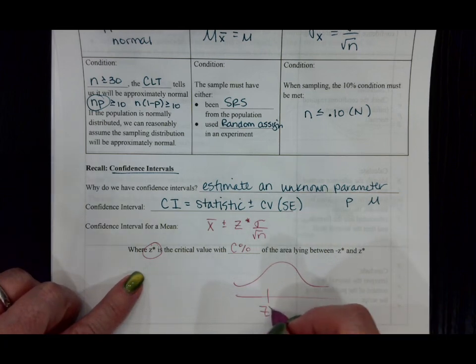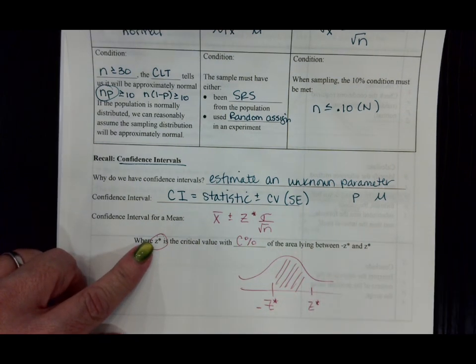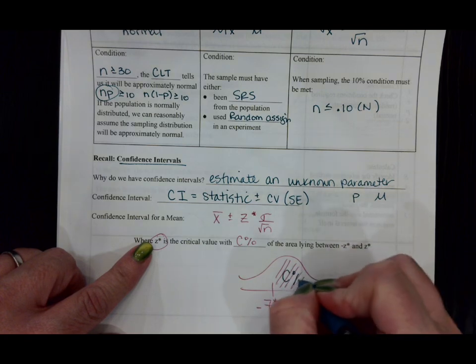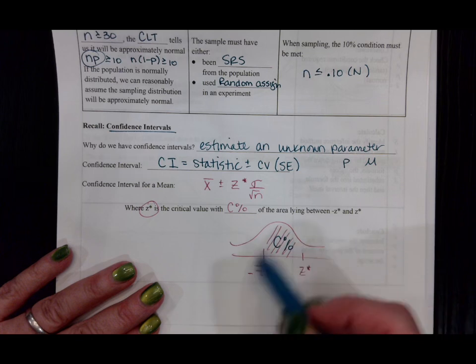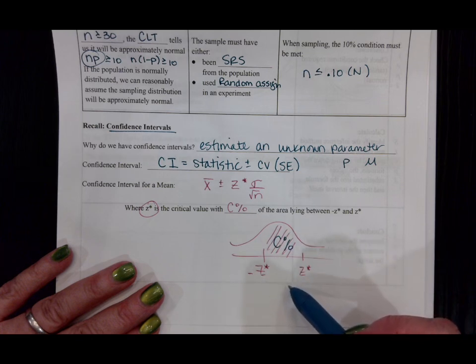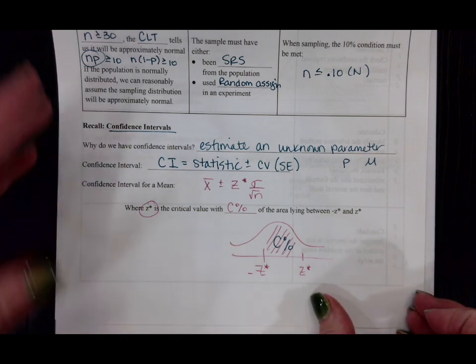We have our z star here and here, so I have a positive and a negative. And in between these two, right here, is where my percent confidence lies, okay? Now, this is going to be really important because we're going to move into something else where it's going to look a little bit different. But so far, it's exactly the same as when we had a proportion. All right, let's flip it over and get right into an example.